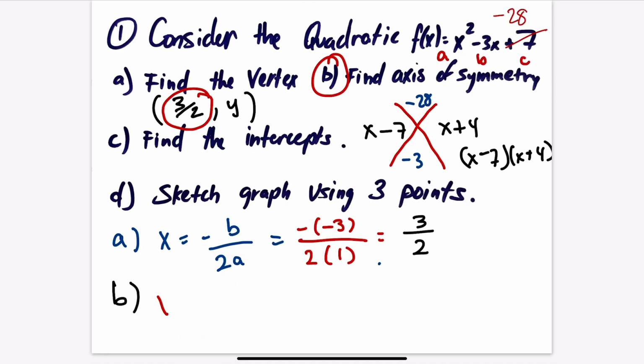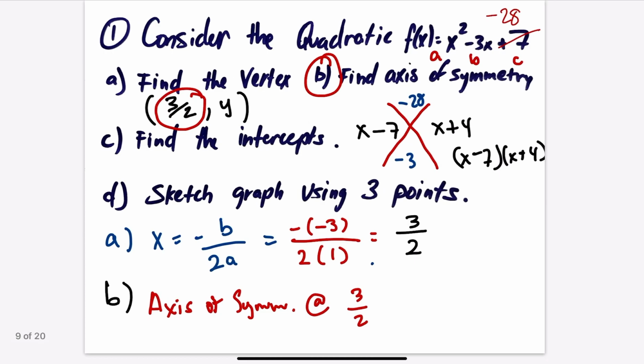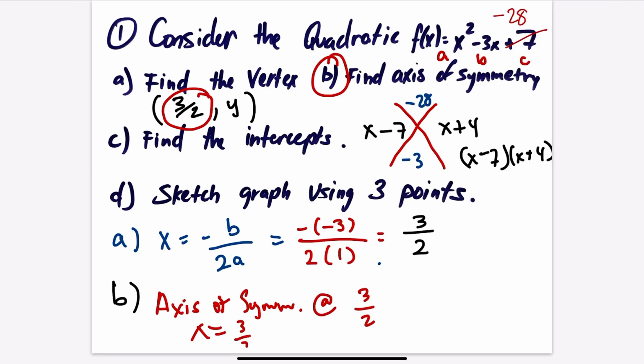So a better way to write it is actually just write axis of symmetry at 3/2, right? But don't be too caught up with how it's written. A lot of times people write it as x equals 3/2. It's fine, right? As long as you're labeling your answer as the axis of symmetry. Intercepts, that's where you had to factor. This is why we factor. It's for the intercepts.